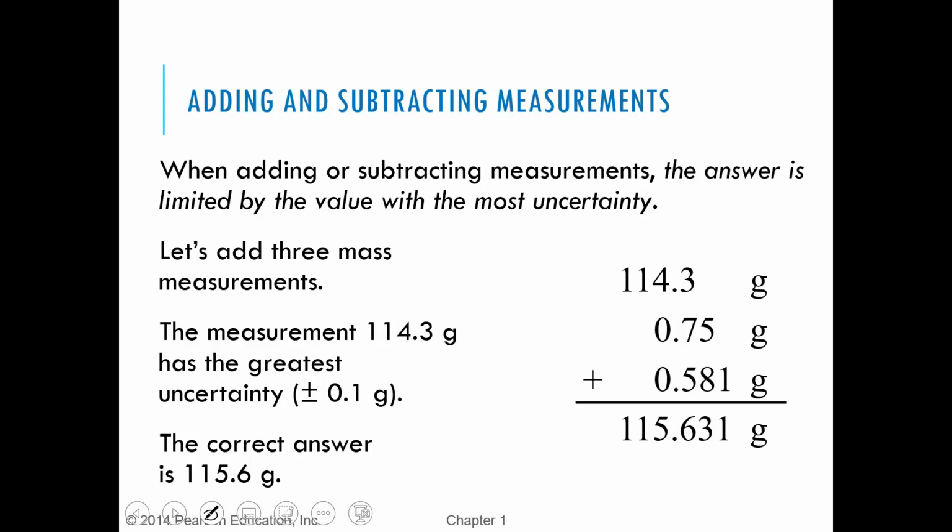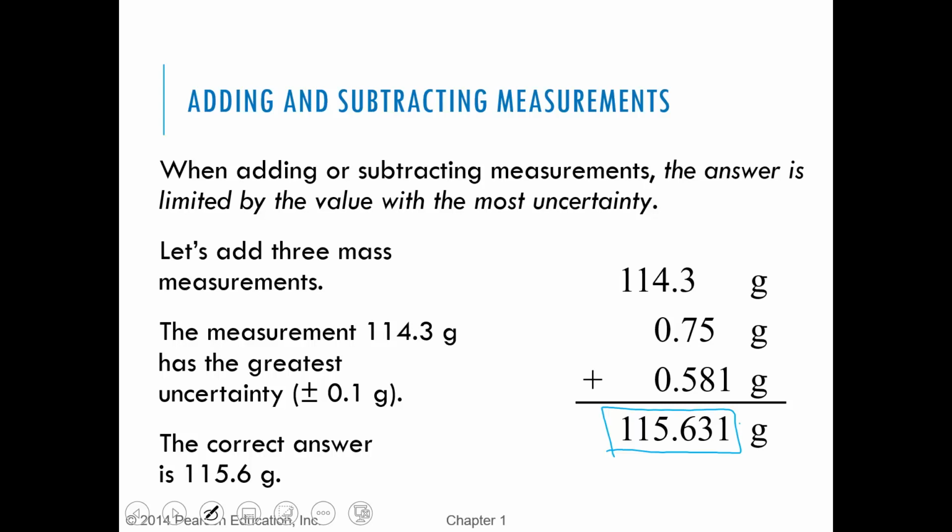Here's another example. Let's say I have these 3 masses and I'm adding them together. So I bring down my 1. I have 8 plus 5 is 13. Add these all up. You get the idea. 115.631.